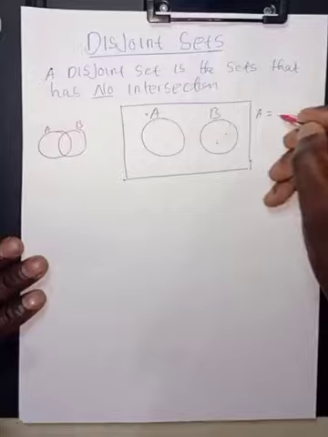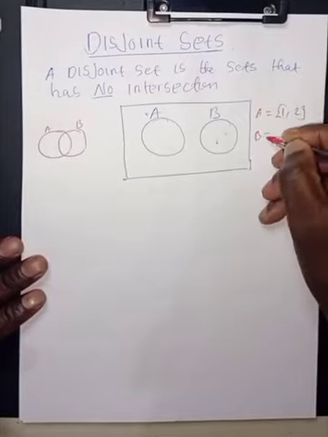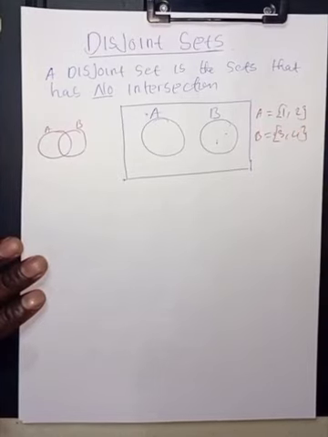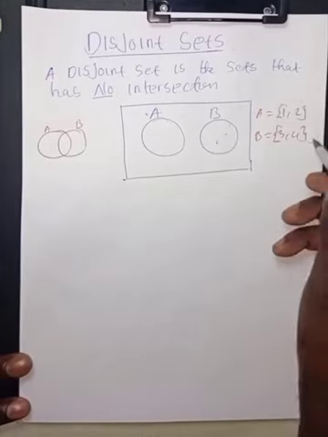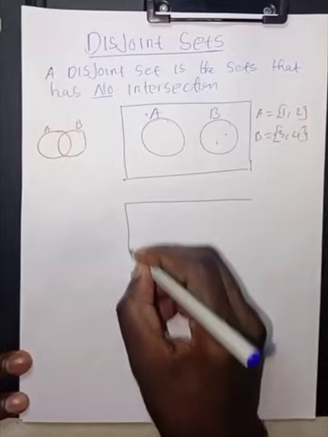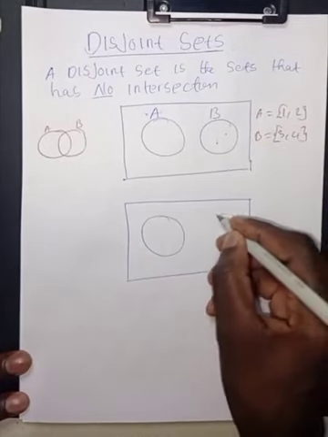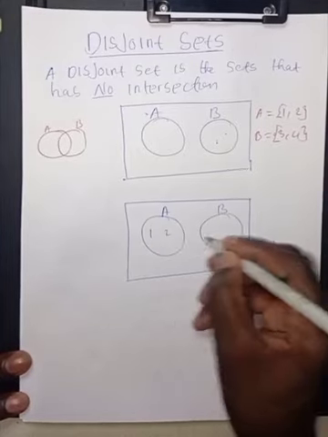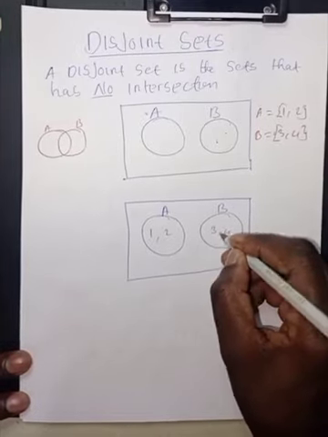For example, maybe in set A we have the elements 1 and 2, then in set B maybe we have 3 and 4. So if we are to draw the Venn diagram for such sets, we are going to make it this way because we don't have any common element in A and in B. Then you put your set A here with your 1 and 2, and your set B there with your 3 and 4.